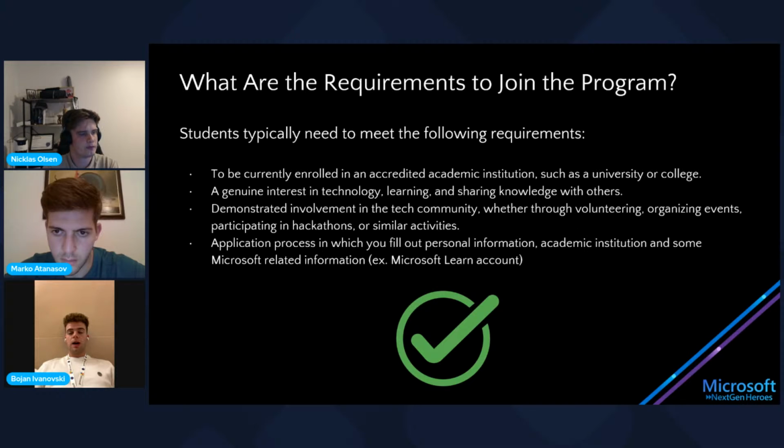You need to demonstrate that you want to be involved in communities, whether with volunteering or participating in hackathons or so on. This is what Microsoft Learn Student Ambassadors like the most. And finally, you would need to fill out an application, which you can find at mlsa.com, in which you would need to fill out your personal information, the academic institution name, and also some Microsoft-related info like your Microsoft Learn account.